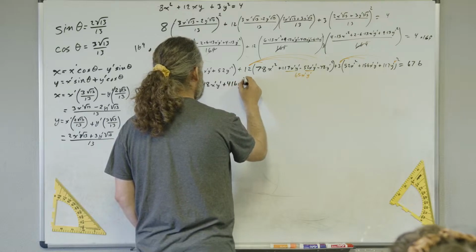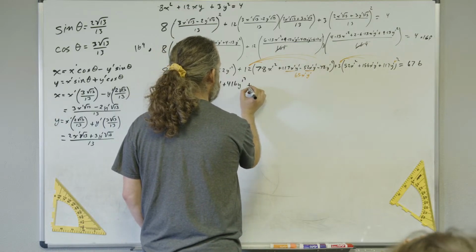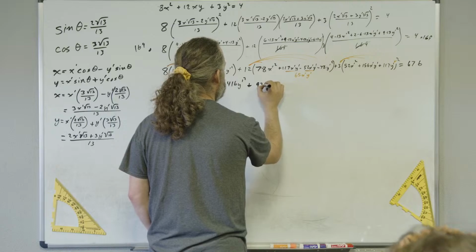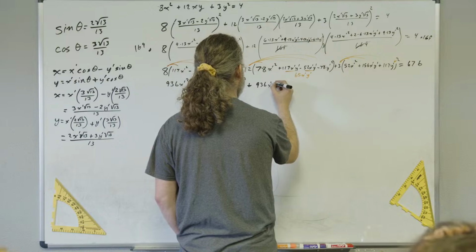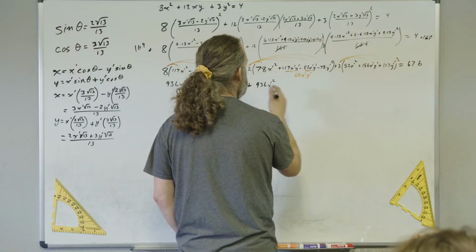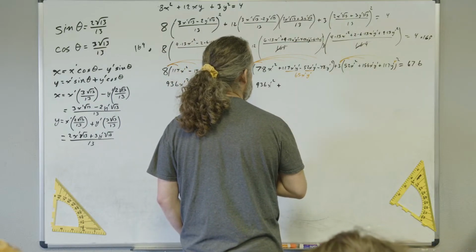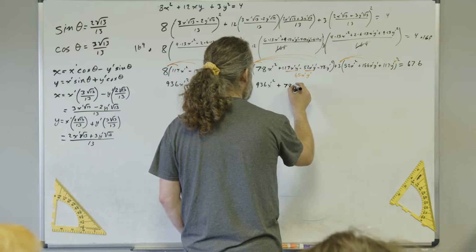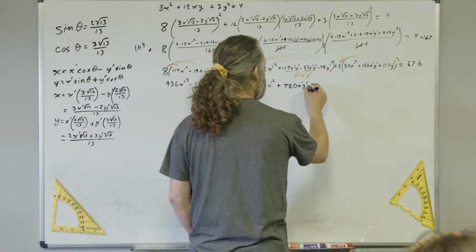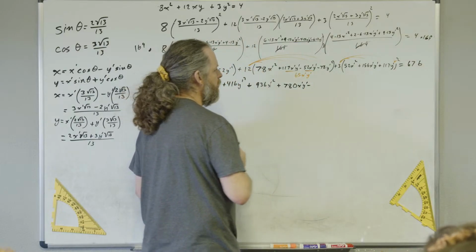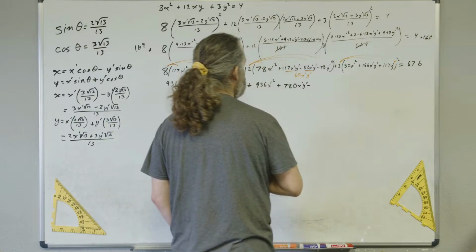416 y prime squared plus 12 times 78, 936. Oh yeah, okay, x prime squared plus 12 times 65, 780, minus 12 times 78, 936.